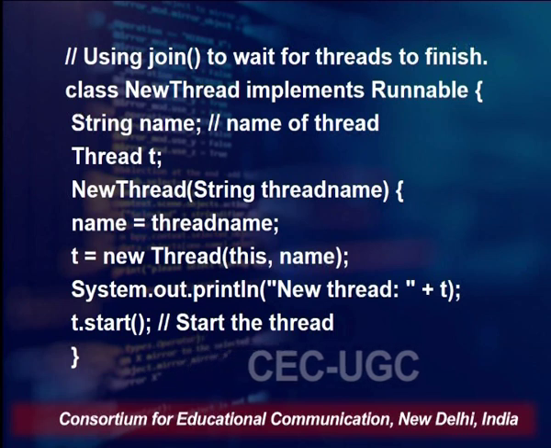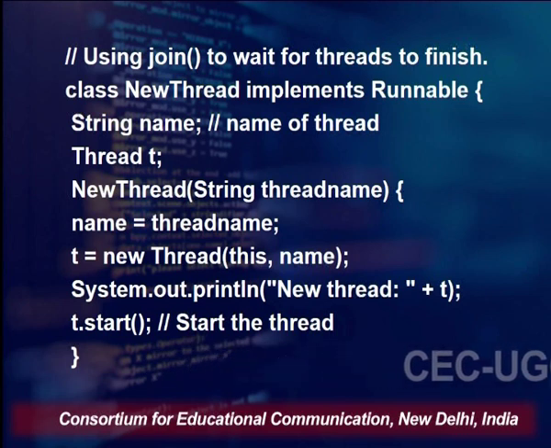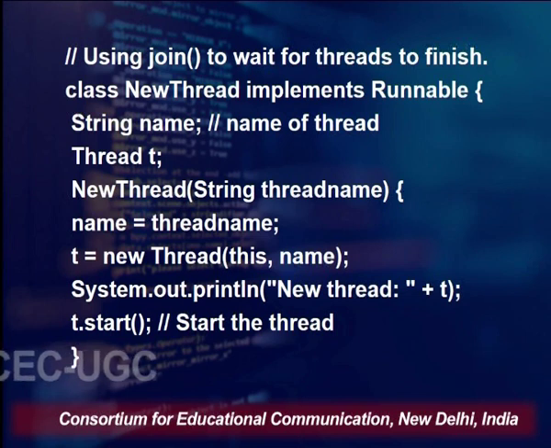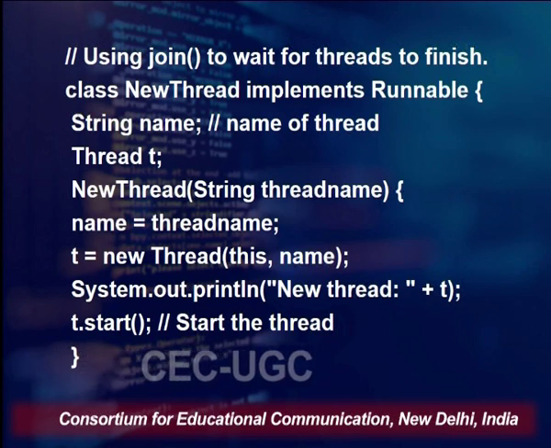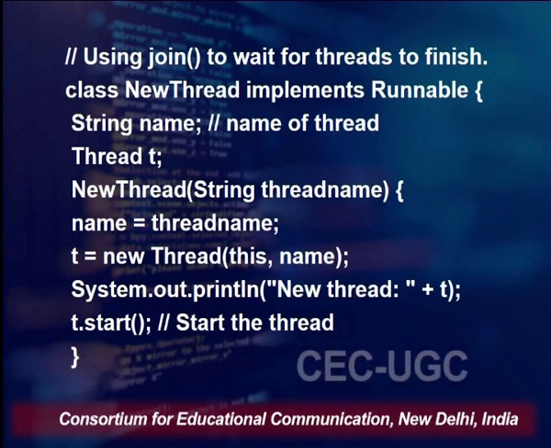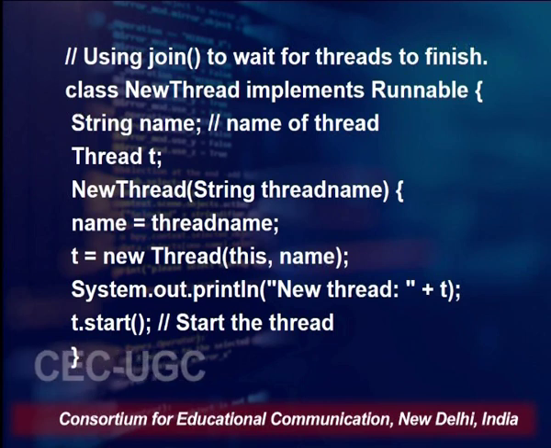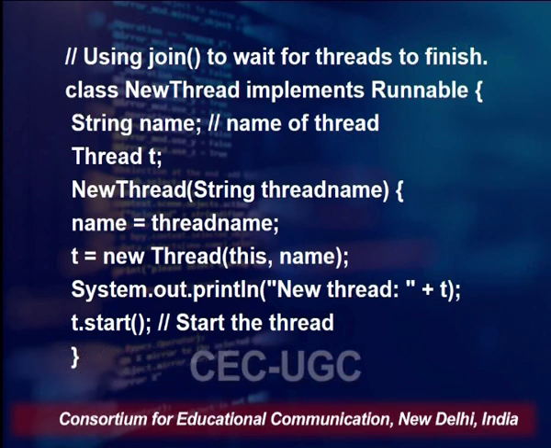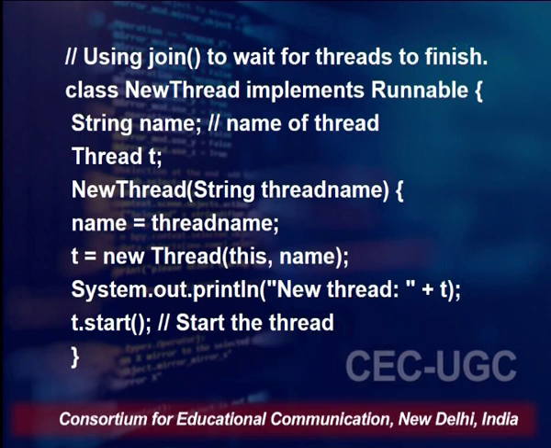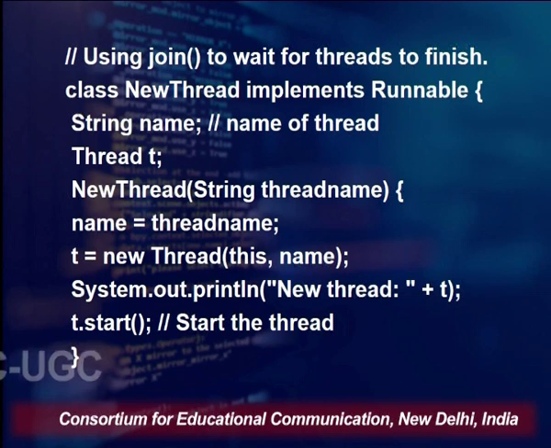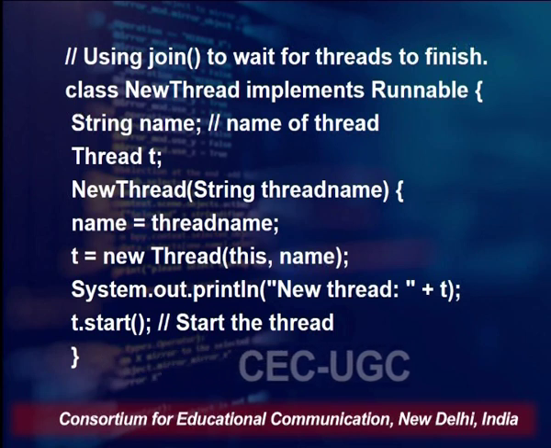I will explain wherever a new concept is introduced inside the program, otherwise I will rush through this quickly, because we have seen it three or four times. The class NewThread implements Runnable, because this is the simplest way to create a thread, and one should not use inheritance unless added functionality is going to be there.